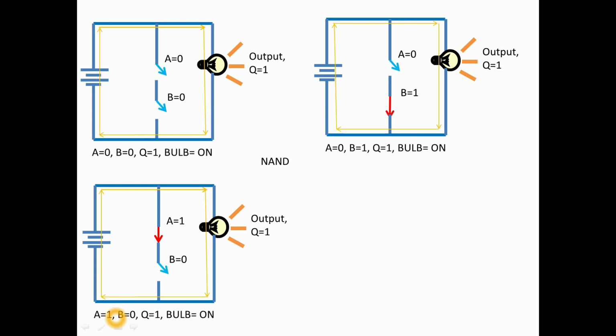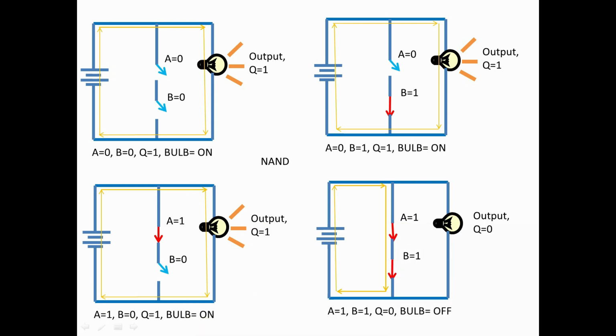When A is equal to 1 and B is equal to 0, one switch is on and the other is off, so there is no closed path, there is a break at B, then the current flows through the bulb and the output is logic 1, the bulb is on.